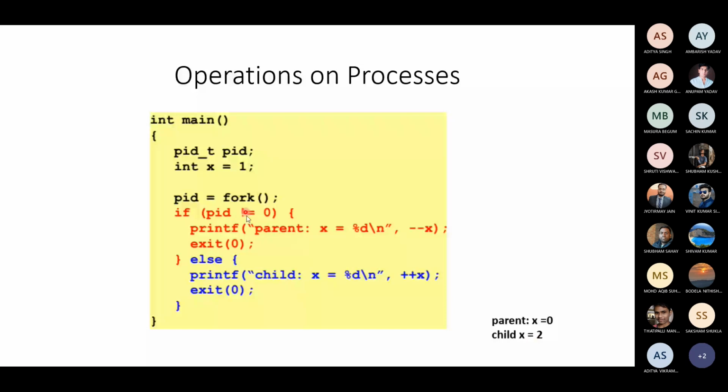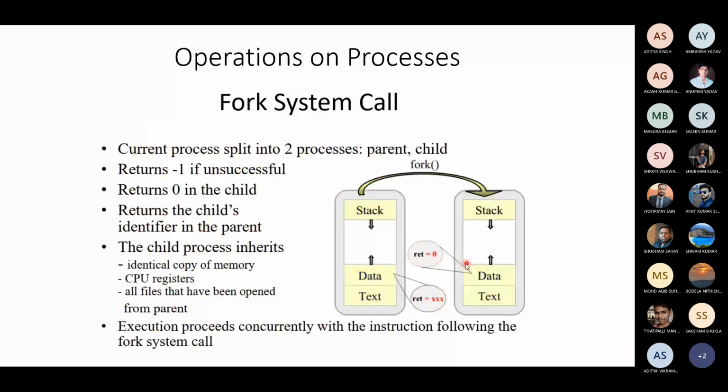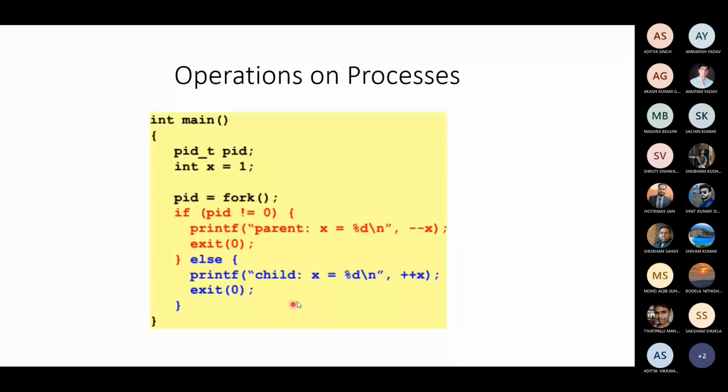By the time you created the fork, it will create its own child process, and because the x value is 1, it will copy all the values, right? So I told you in the previous example, it will make an identical copy of the memory and CPU registers from the parent. Before the child is incremented, the value of x is 1. The parent process x value is 1, the child process x value is 1.